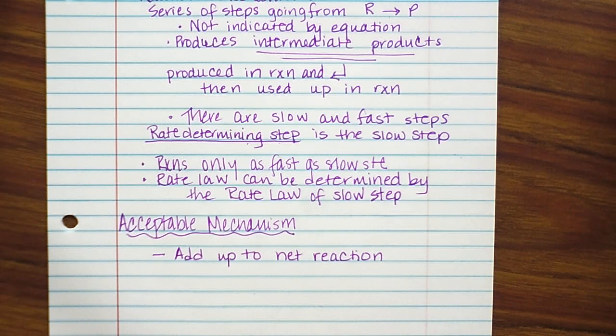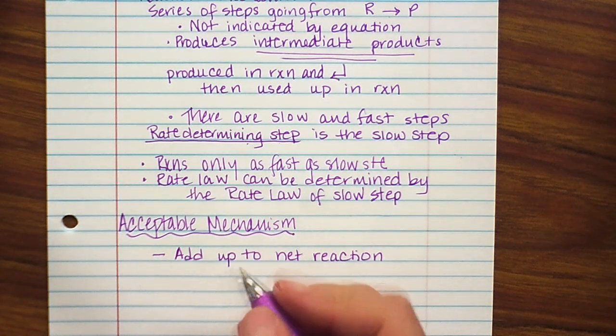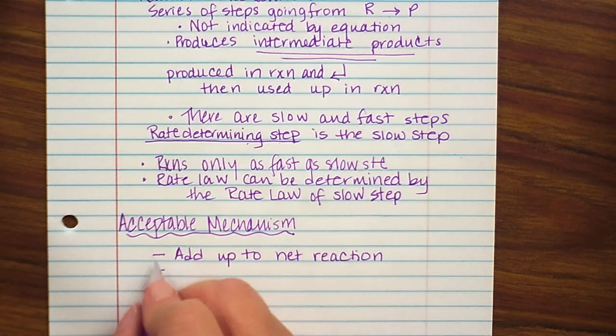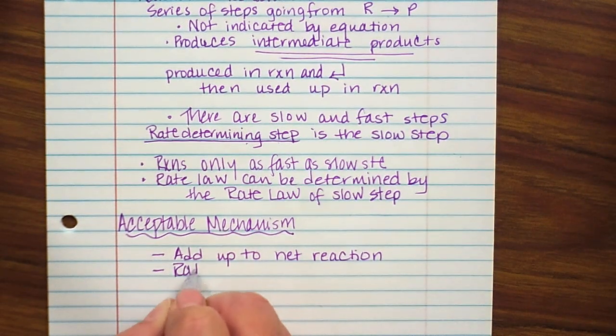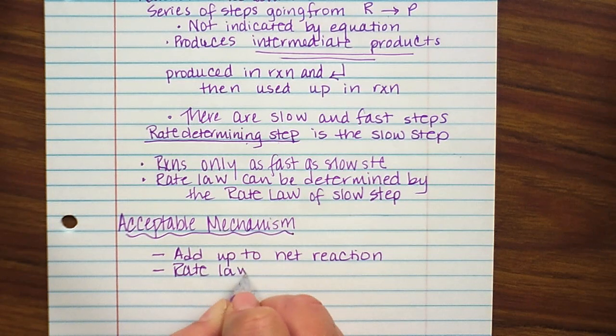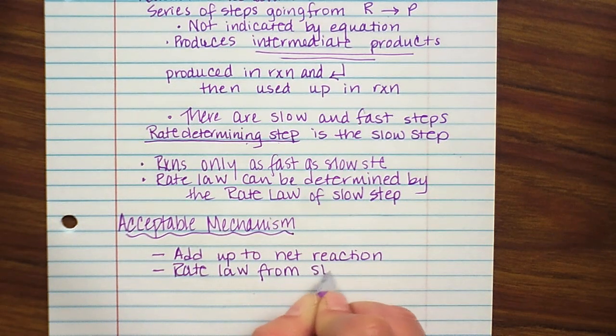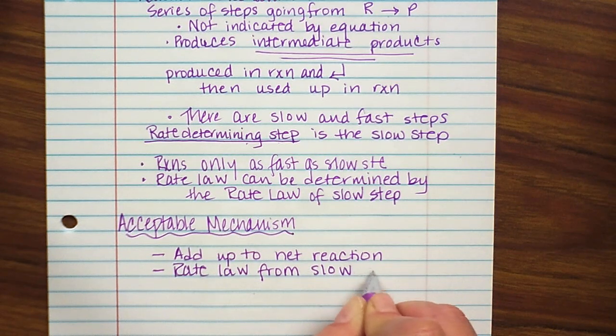You know what I'm talking about, right? You stack them all up, you cancel out reactants and products and everything, and your bottom line should be the original reaction, okay? And then, in the end, your rate law should be from your slow step. So let's take a couple examples, all right?